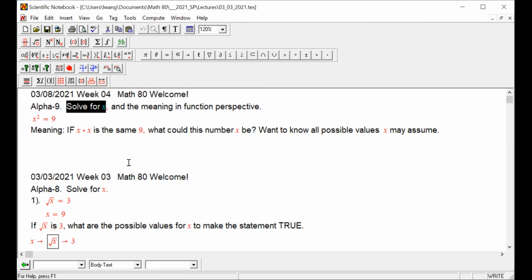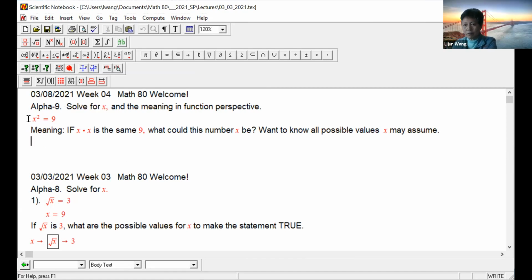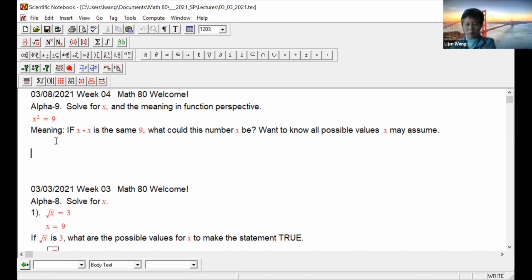Yes. Okay. Now, if this is true, when you solve this equation, of course I know you can guess the answer. That's not a problem. But understanding the meaning is paramount.